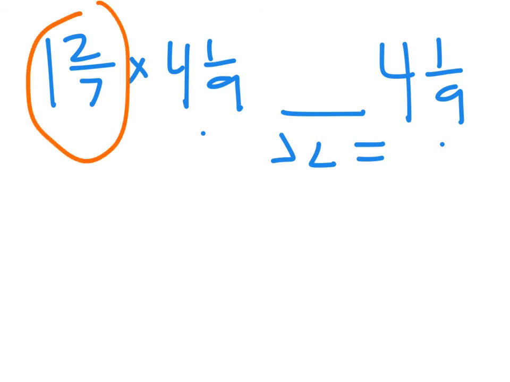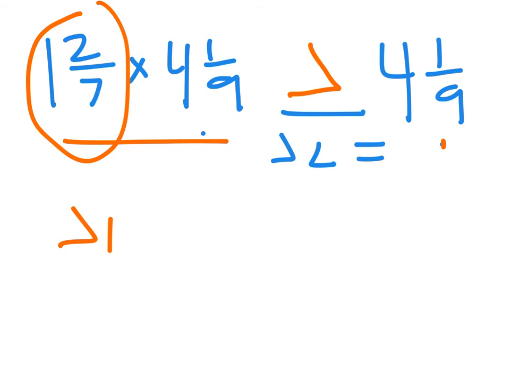So 1 and 2/7. 1 and 2/7 is greater than 1. So that means I'm taking more than 1 multiple groups of 4 and 1/9. So I'll have more than I started with. So this product is going to be bigger than just one 4 and 1/9 because it's bigger than 1.